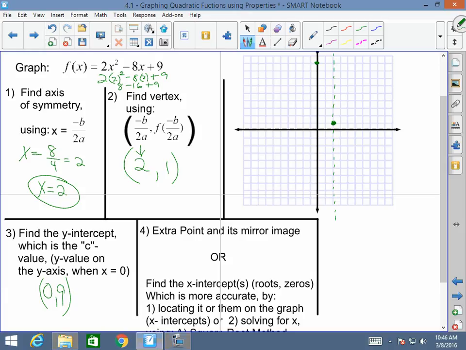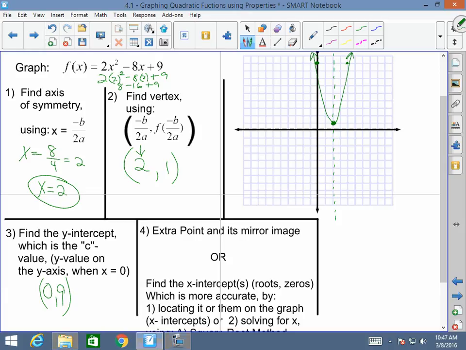Check this out, guys. Here's the magic. Isn't this y-intercept 2 places to the left of the axis of symmetry? So now go 1, 2 to the right. Guess what, gentlemen? You've graphed a perfect parabola. Does that make sense, gentlemen?